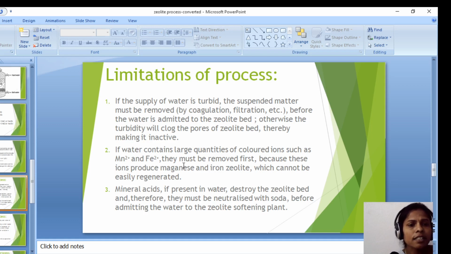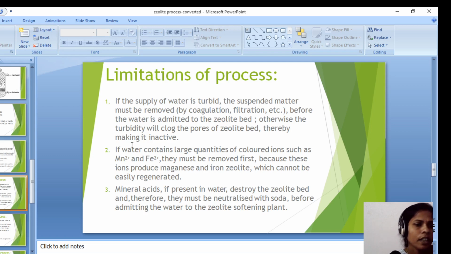If water contains a large quantity of colored ions such as manganese and iron, they must be removed first, because these ions produce manganese and iron zeolite which cannot be easily regenerated.